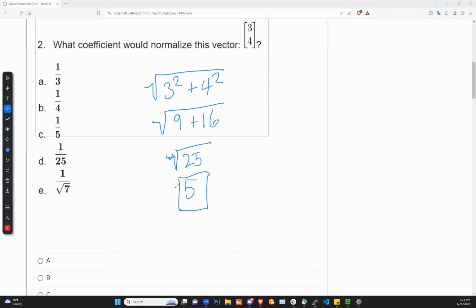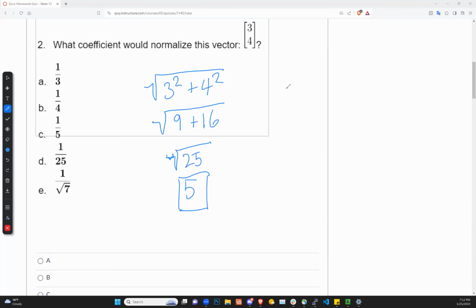The exact same thing applies if I have a 100-foot pole and I cut it up into 100 pieces. It doesn't matter. I'm still going to end up with pieces that have length 1. And that is exactly what we're doing here. We are multiplying or dividing a vector by its length to end up with a vector that has length 1.